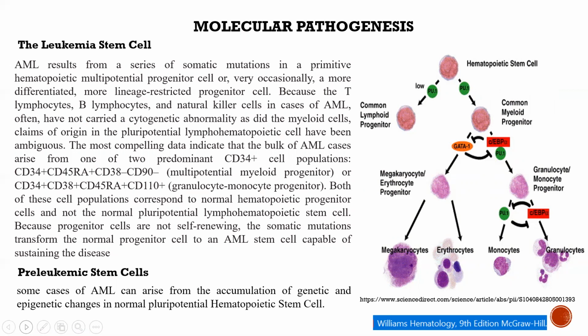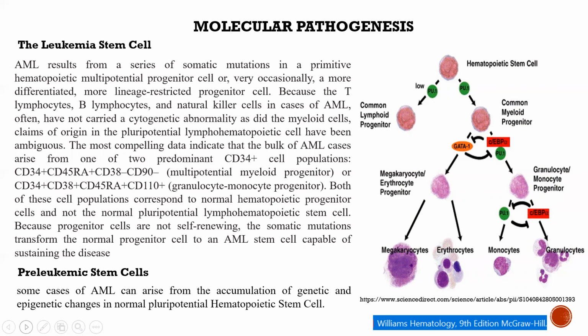Also, not only CD34 but CD45RA, CD38 and CD90, which represents the multipotential myeloid progenitor, or CD34, CD38, CD45RA, and CD110, which represents the granulocyte monocyte progenitor.